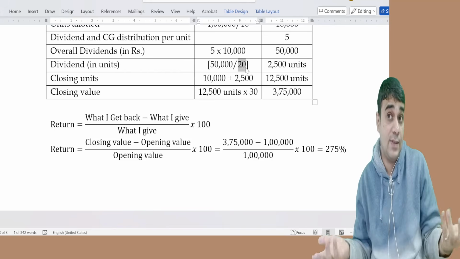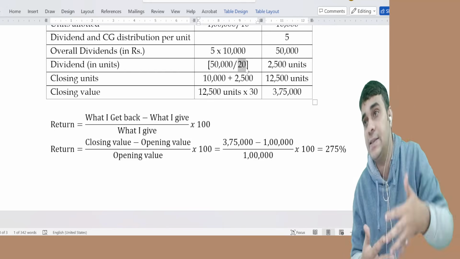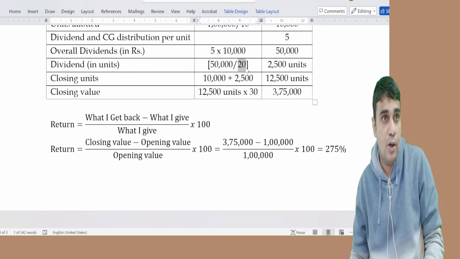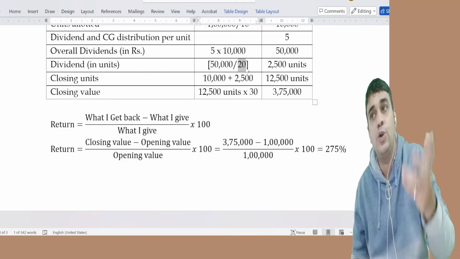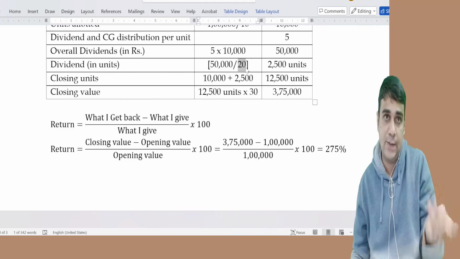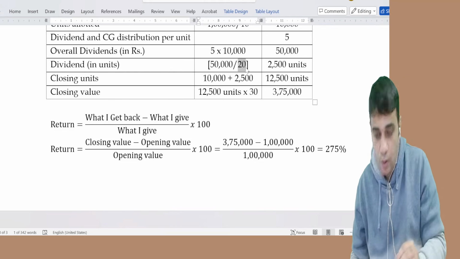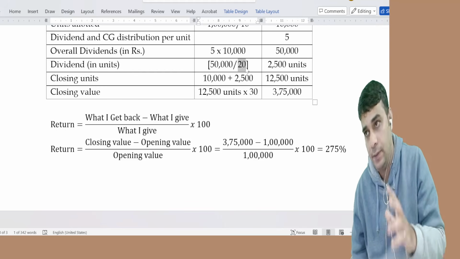In a rare scenario, you reinvested at 20 and closing is 17 or 16, in that case returns can go down. In the payout it was 250; reinvestment can be 240, 230, 220. It can be lesser, it can be more, depending on the reinvestment NAV and the closing NAV.